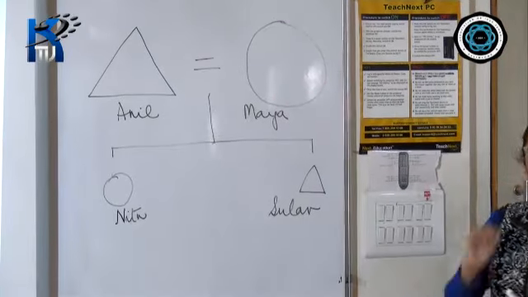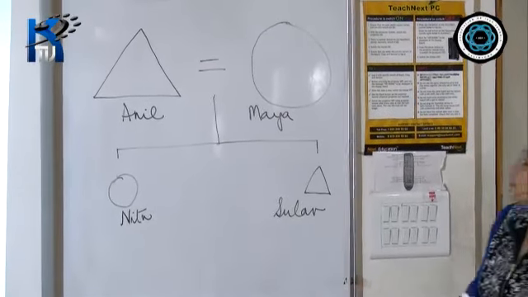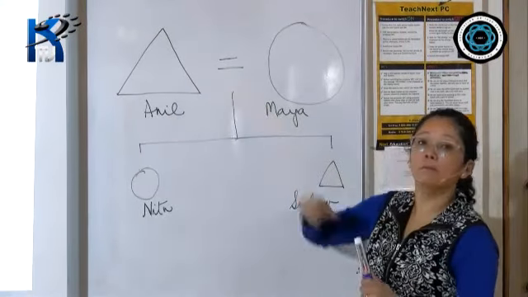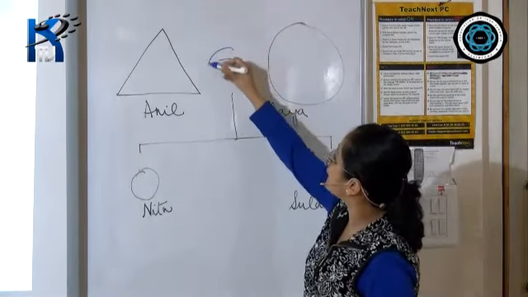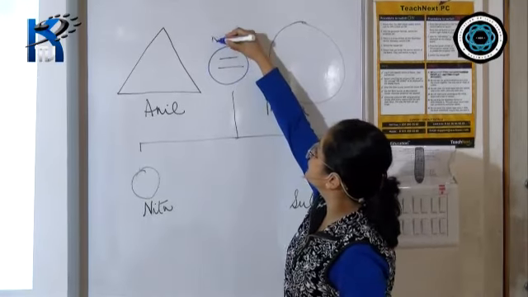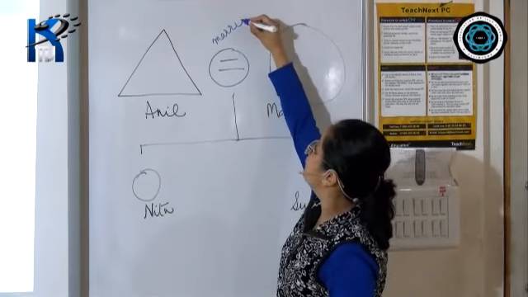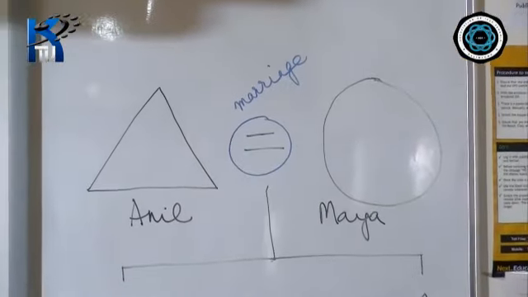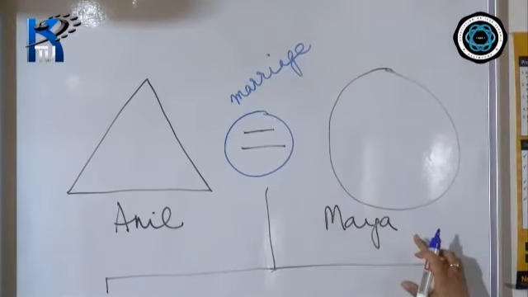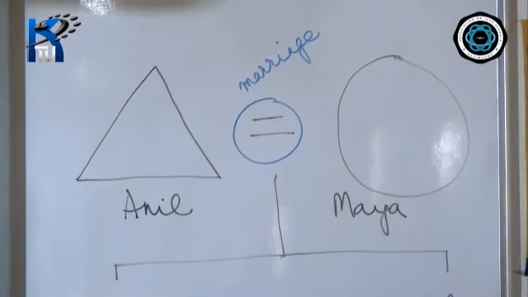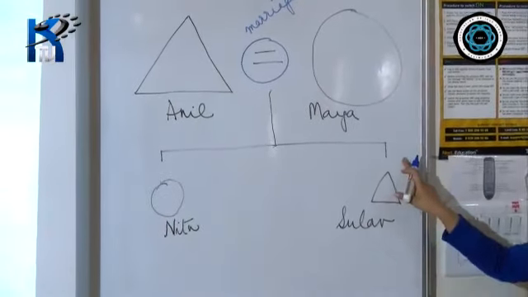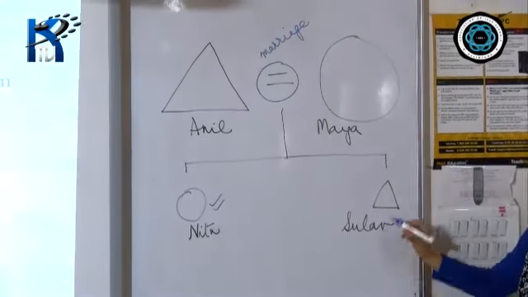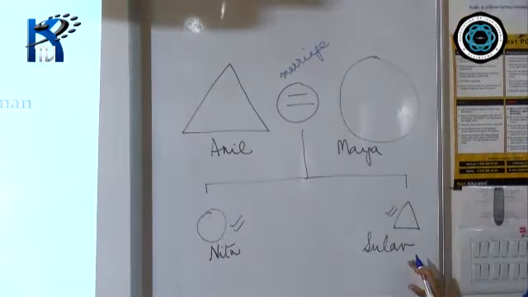So let's look at the first family. Anil, a male member, got married to, now this equal to sign that you can see over here represents marriage or a marital relationship, got married to Maya, and they had 2 children. One is a daughter, that is Nita, and the other one is a son, that is Sulabh.